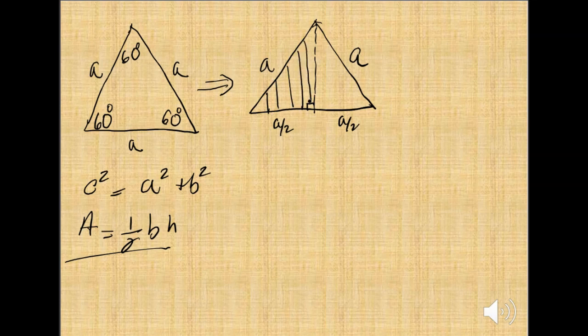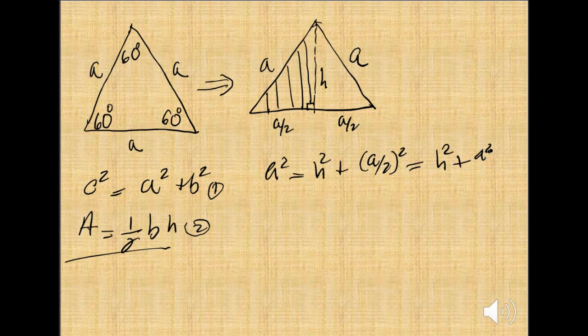And we call this height H. So now, per this equation 1, we call this equation 2. Per equation 1, we have A squared is equal to H squared plus A divided by 2 squared, which is H squared plus A squared over 4.